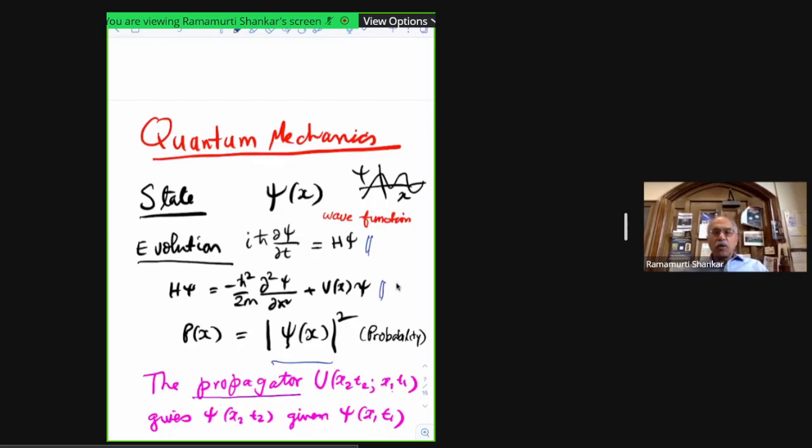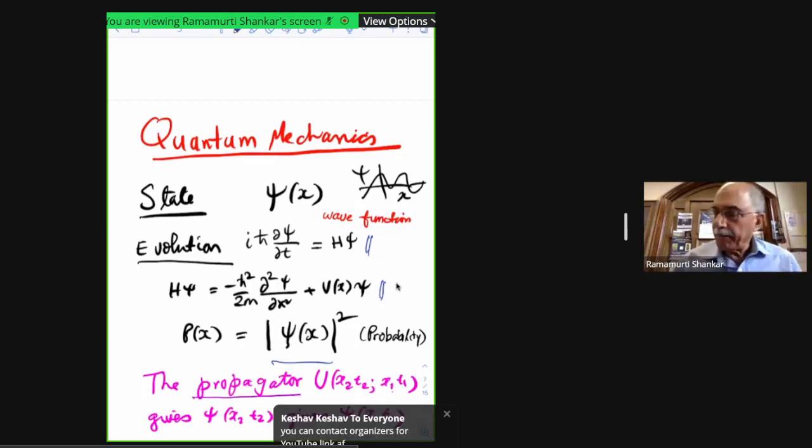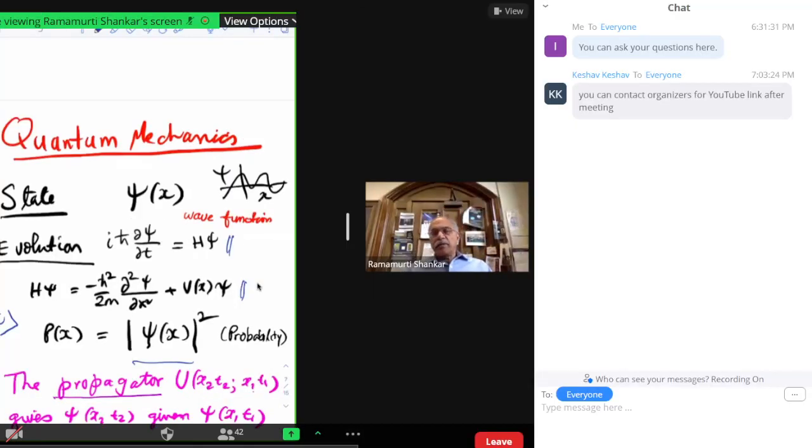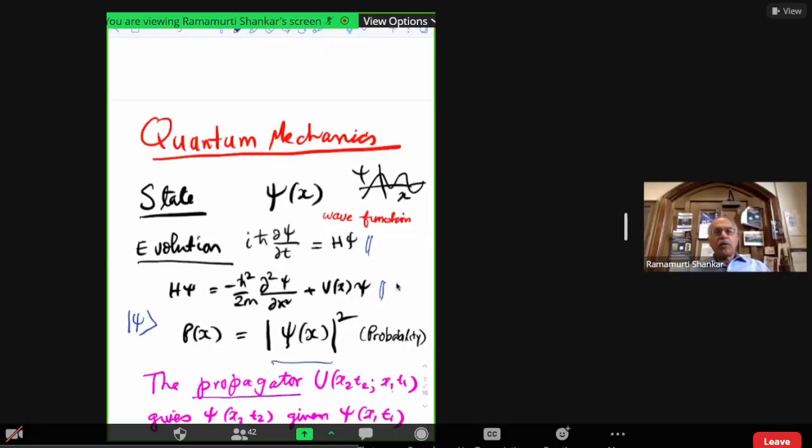Now, I'm going to use one other feature. I don't know how familiar you are. The function psi of x is really representative of what's called a ket. The ket represents the vector without choosing a basis. It's like an arrow in 3 dimensions pointing somewhere. That's the vector. But you can pick a set of unit vectors, i, j, and k.